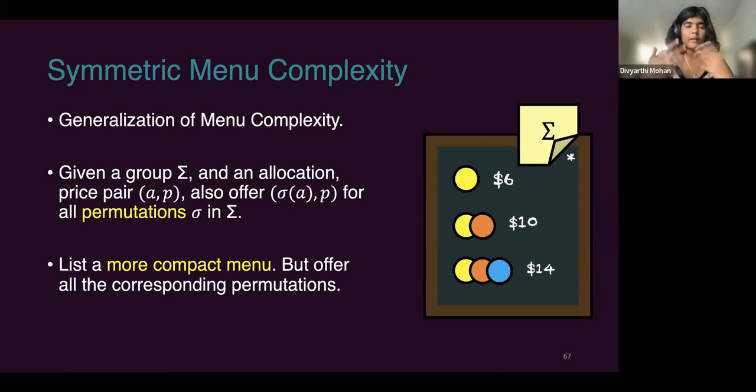And it turns out symmetric menu complexity, which just counts the number of options in this compact menu, is a proper generalization of menu complexity. Because if we just take the trivial subgroup of just the identity permutation, then menu complexity and symmetric menu complexity are exactly the same. But in general, we can get a more compact menu while implicitly offering all the corresponding relevant permutations.